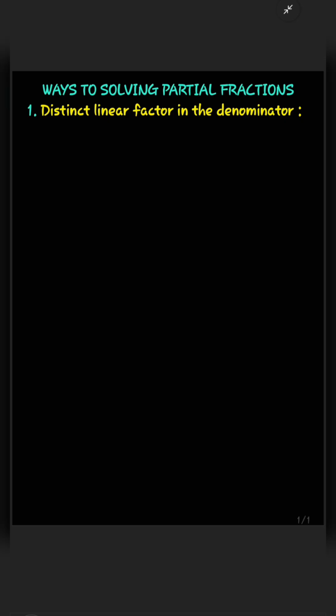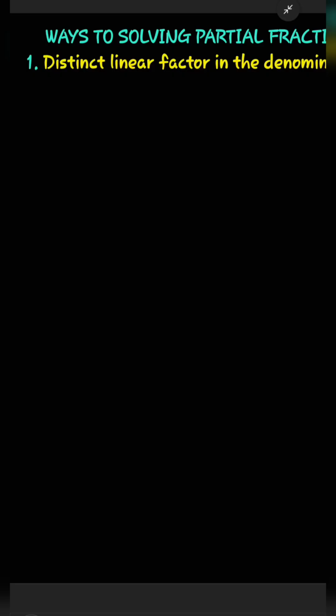So what do we mean by distinct factor in the denominator? When a function is linear, we say the highest power of the variable is 1. Let's say we have x plus 2, for instance. You can say that the highest power of x is 1. So this is a linear factor.